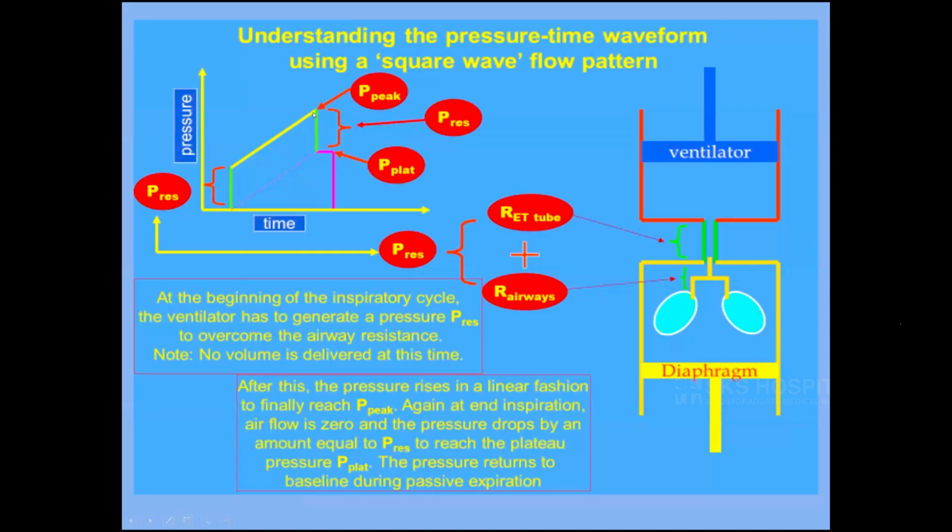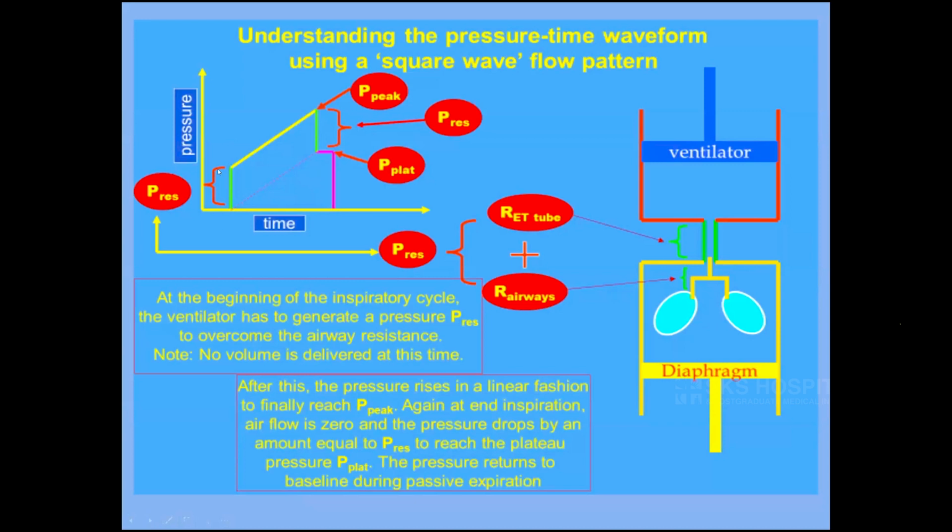This drop will be equivalent to the pressure exerted initially to overcome the initial resistance of the airways. And that would equate to the alveolar pressure, which would be depicted by the plateau pressure.